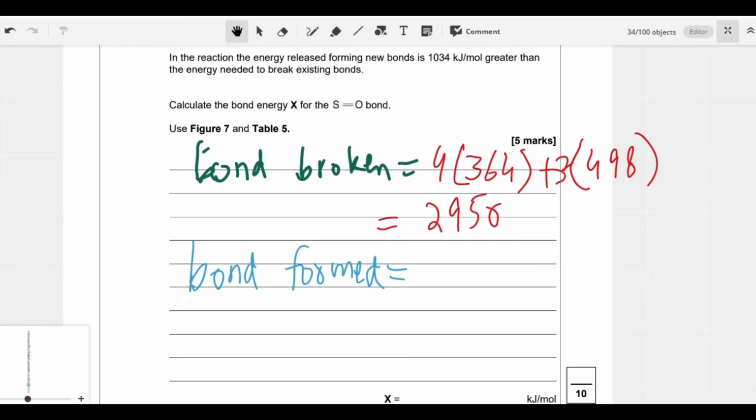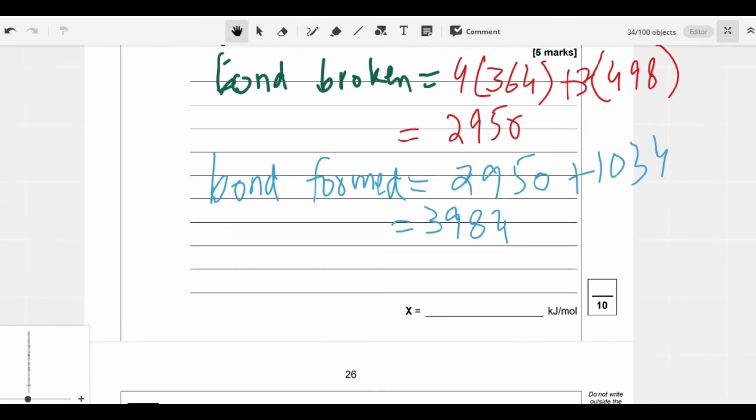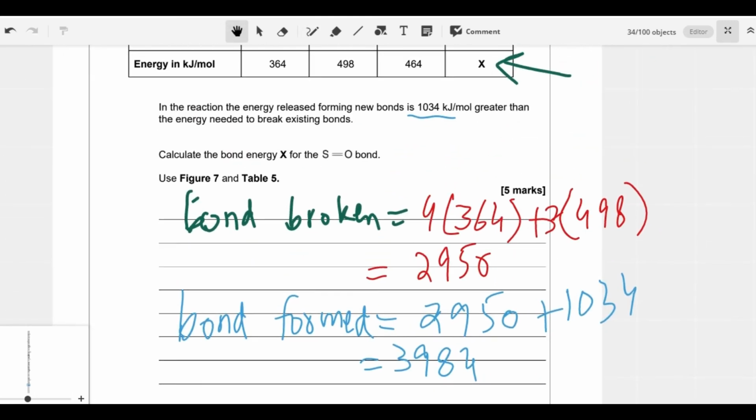So you need to write 2950 plus the new bond energy, 1034. You can sort it out directly. I'm going to apply the direct method. So that is equal to 3984.